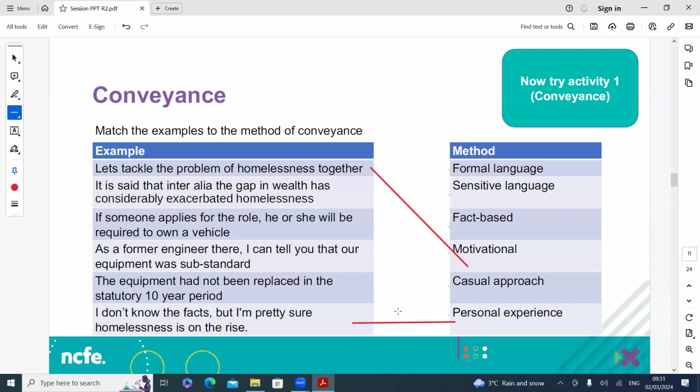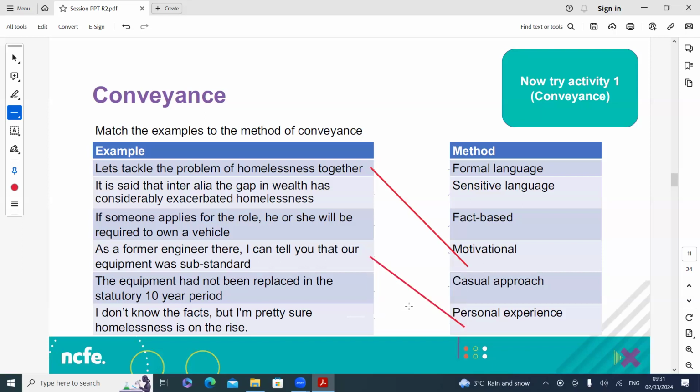Oh, wait a minute. Actually, this one could be one of two, but I think actually we might have put it in the wrong place. I've just looked. So this one does use personal language, but there's another one that is telling us about their experience. As a former engineer. Good. Okay. So that one is personal experience.